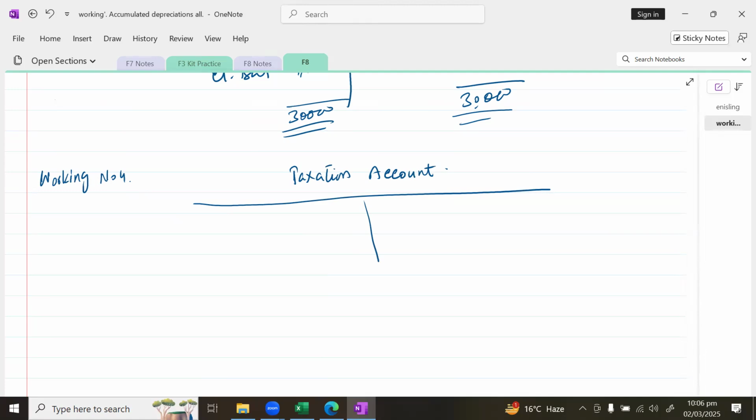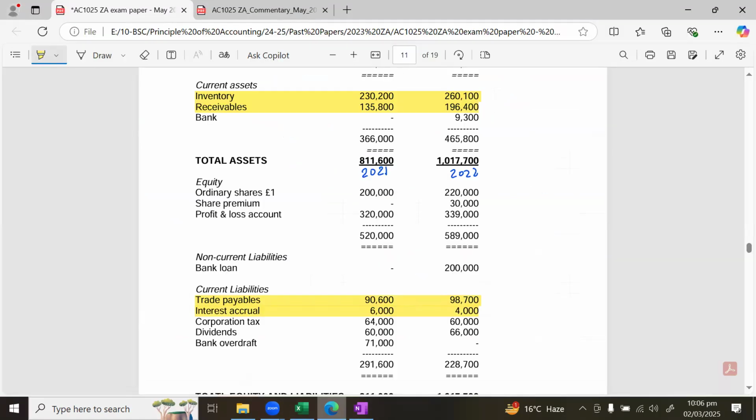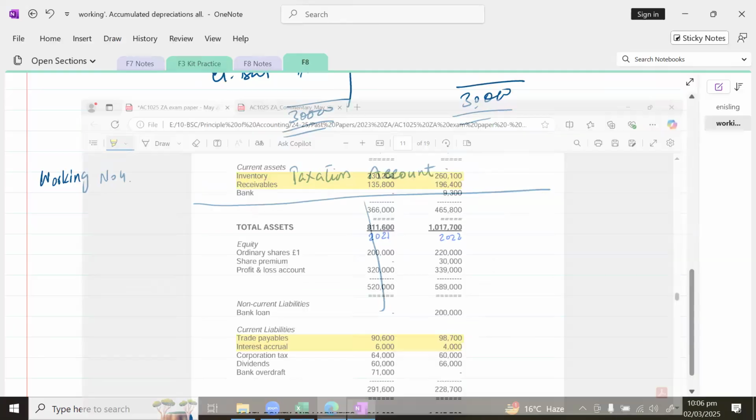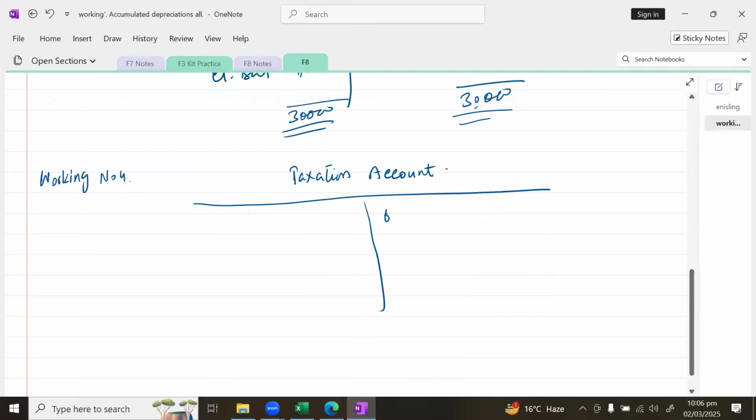Same format, same workings. We are just changing the number, just changing the name. Taxation is 64 and 60. Opening balance 64.